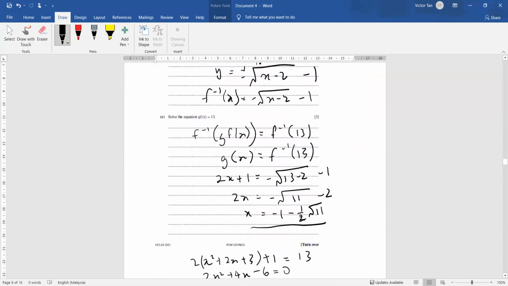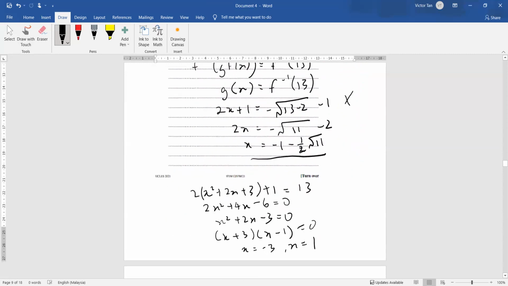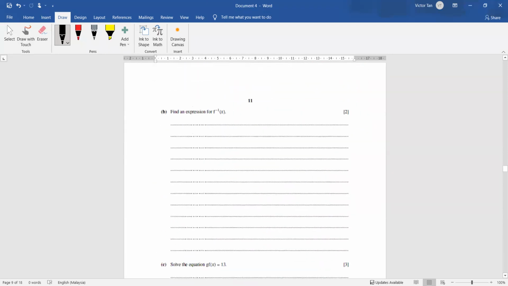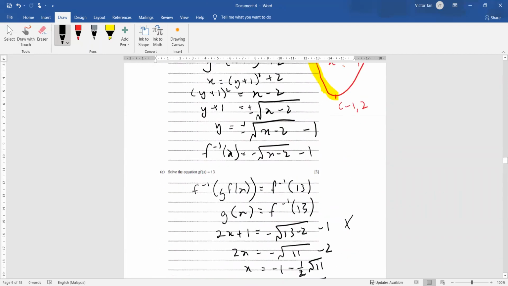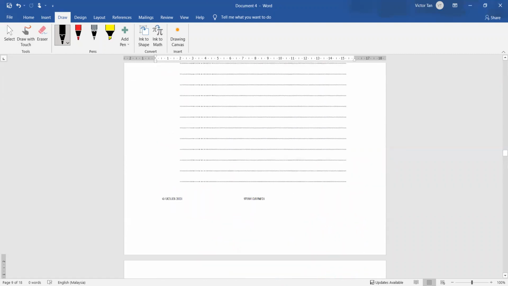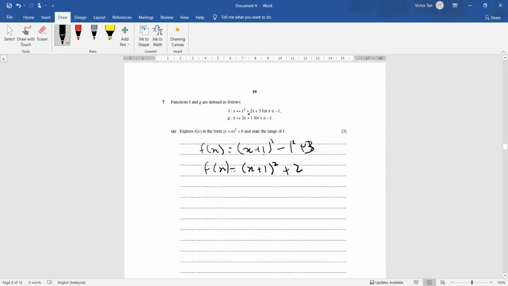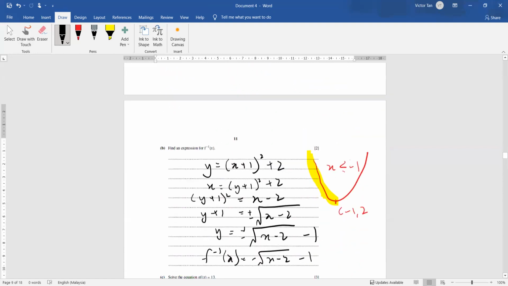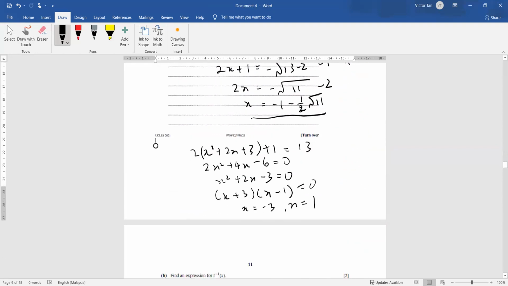Okay, so in this question, this does not work. I will come back to that later. So the solution in this question is, because for the domain of G, x is smaller than minus 1, so x equals minus 3. That is the solution.